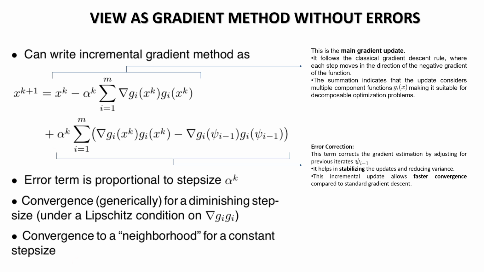Convergence conditions: the method generally converges when the step size alpha diminishes over time. And I can add here that convergence is ensured under Lipschitz continuity assumptions on the gradient, meaning that the gradient does not change too abruptly. I will remind you of the Lipschitz condition on the next slide.